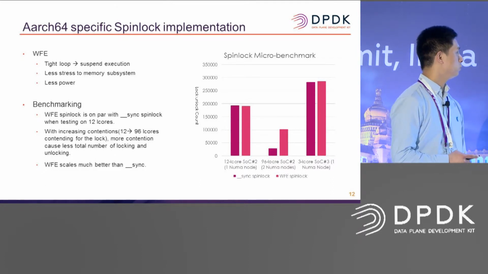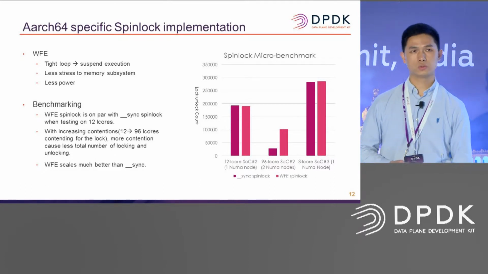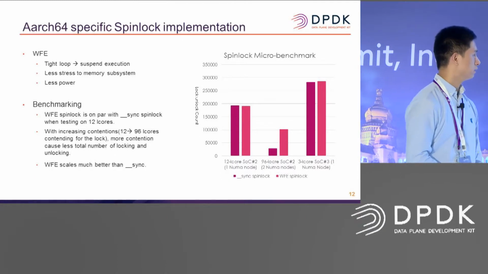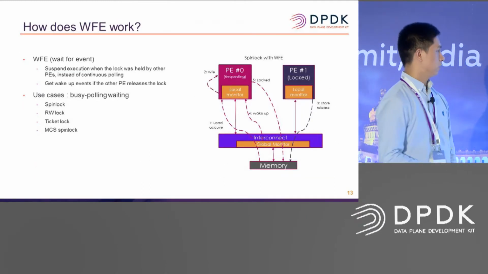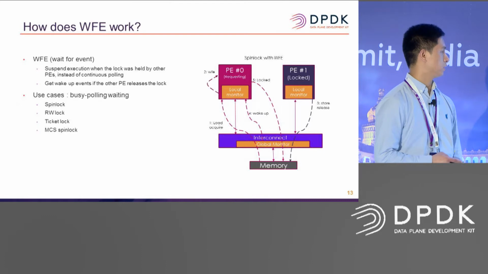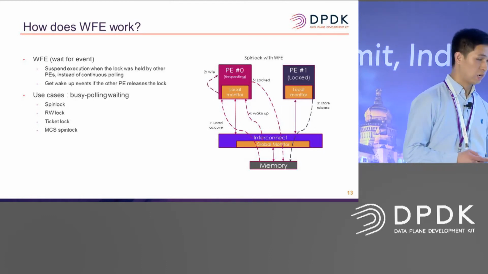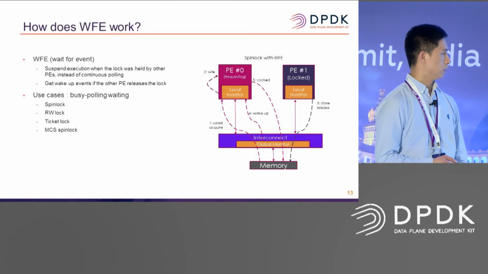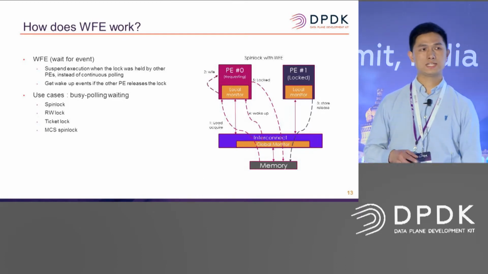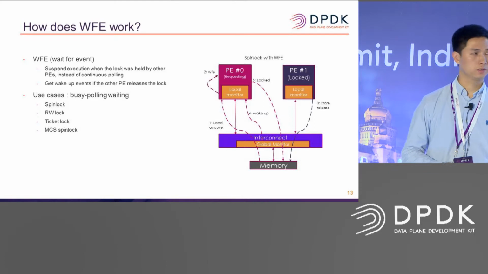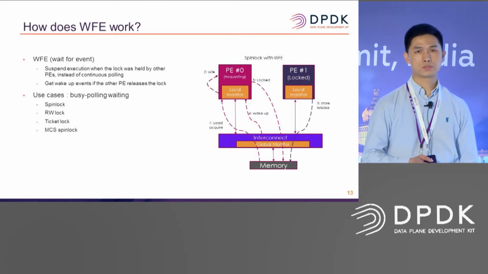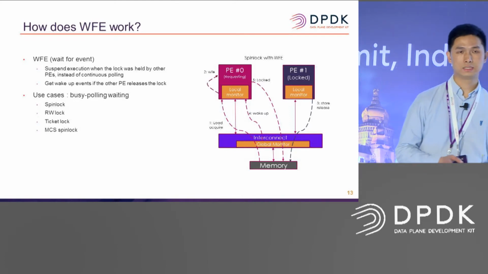And the PE which owns the local cache is more likely to get the lock again, starving other PEs. This starvation causes unpredictable waiting time for other threads. If a thread is related to the data path, it may cause throughput decline.